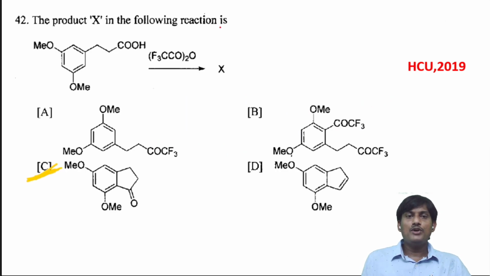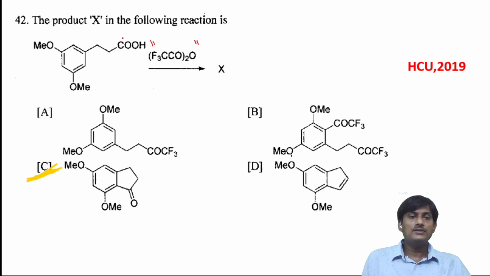The product X in the following reaction: here we have trifluoroacetic anhydride. This reagent is very useful for the acylation using COOH group. Here there is a Friedel-Crafts acylation in the presence of trifluoroacetic anhydride.